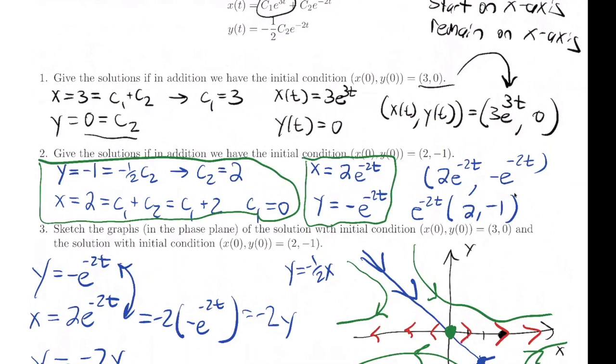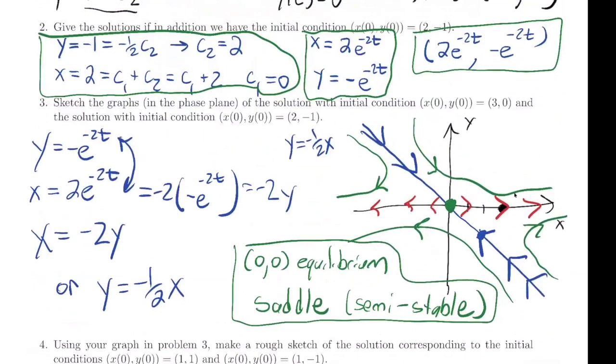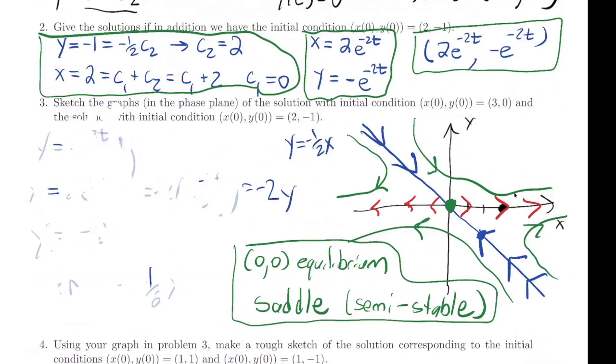And so if I write this as coordinates, x is going to equal 2e to the -t, and y is going to equal -e to the -2t. And if you are not liking this, you can rest assured that this is going to be a line through the origin.